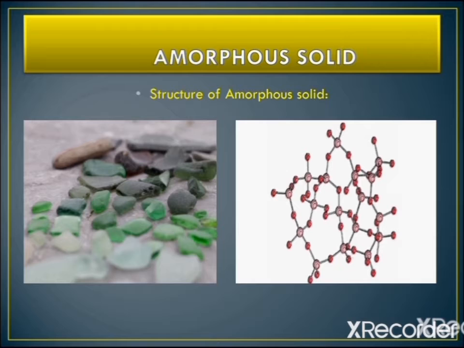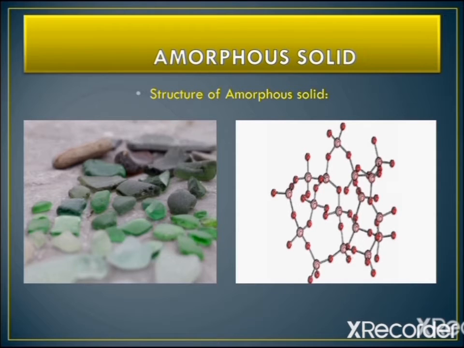The second type of solid is amorphous solid. An amorphous solid is one that lacks ordered arrangement of its particles. This means it does not have a well-defined arrangement of its particles.